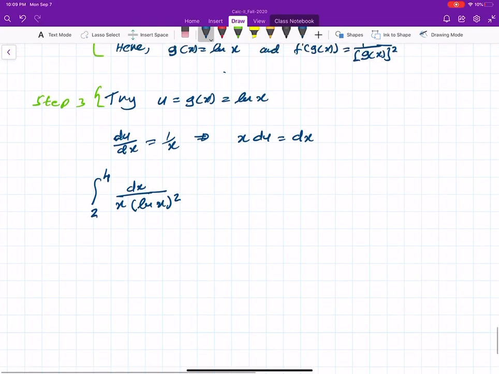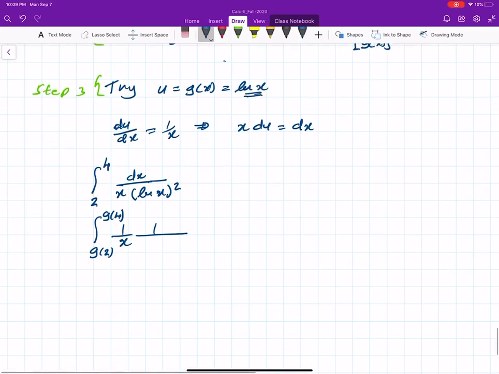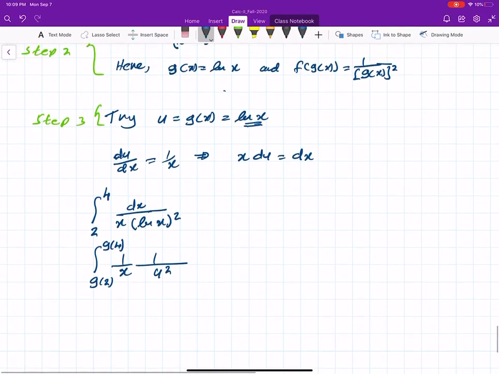Now you're gonna substitute. Here it should be g of 2, g of 4, and here I write 1 over x, and here I write 1 over ln x square. You know ln x is u, so I write u square, and then for dx I write this part, which is x du.